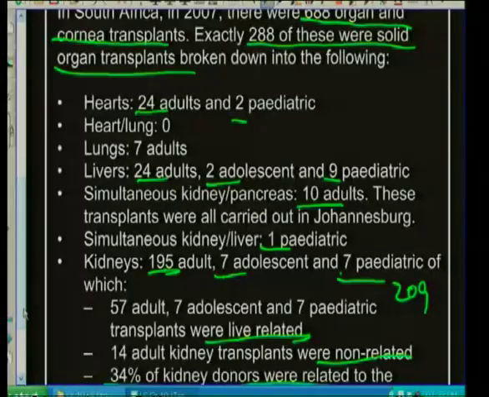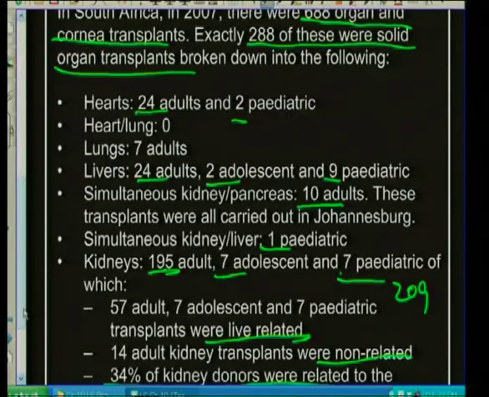And the article said heart 24 plus 2, that's 26. The heart was 26. We write that down. 26 were heart. Then lungs, there were 7. Livers, 24 plus 2 is 26, and 9 gives you 35. So that gives you 35 livers, sorry.